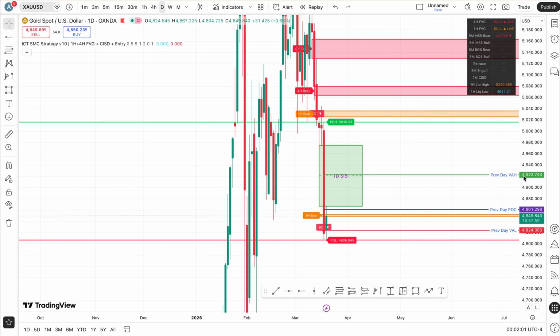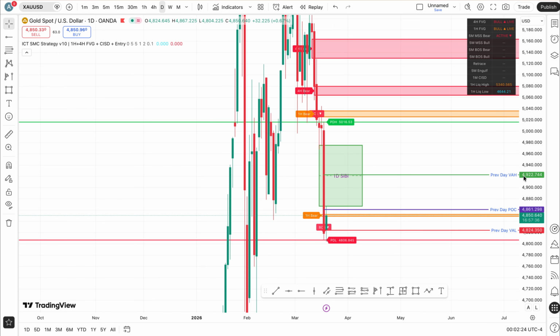After this move, these levels become even more important. So we now have multiple of these from 4900 to 4800 and 4850 and all of it in between, right? So if price approaches these levels, rejection can signal continuation, breaks can lead to further expansion.